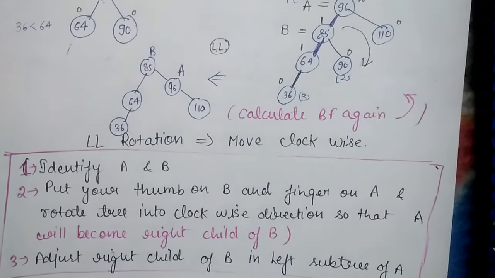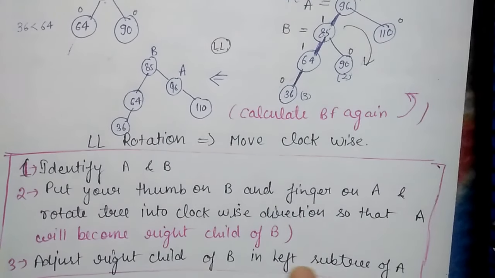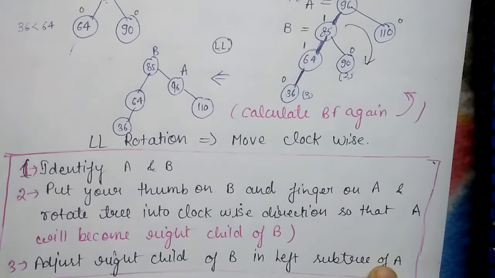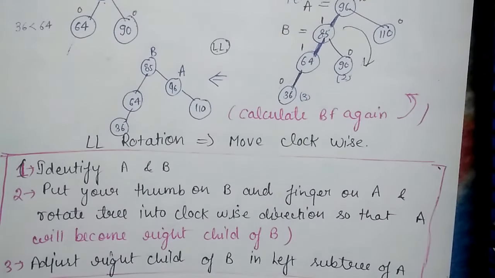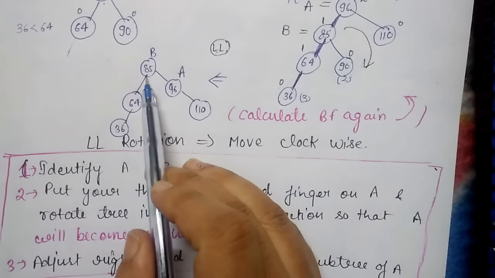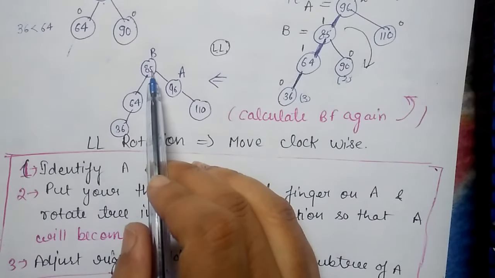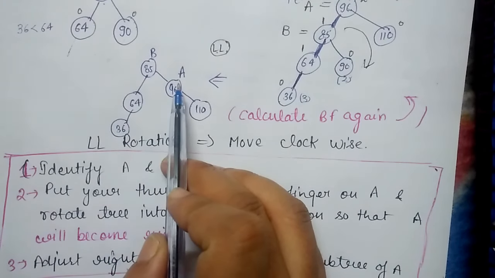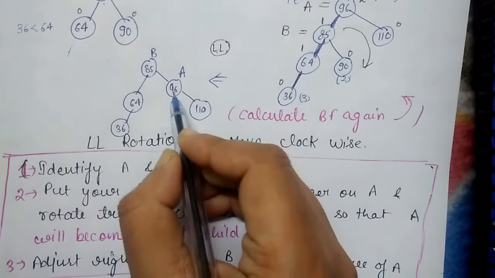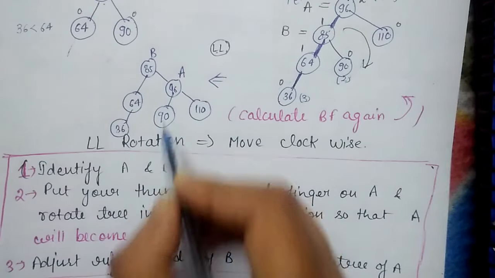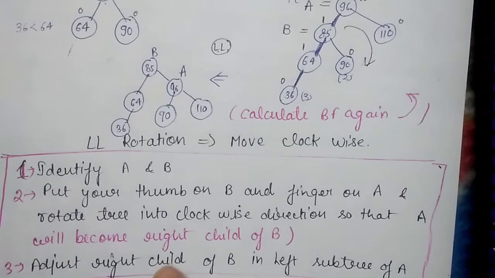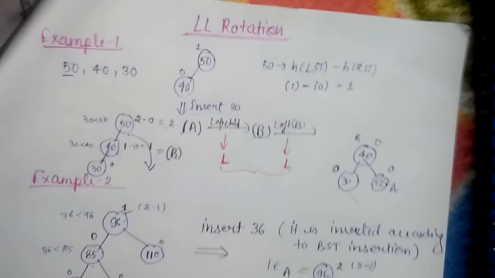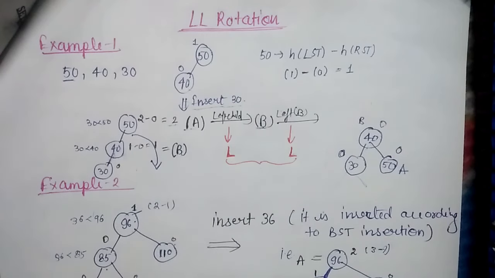In this step, adjust the right child of B into the left subtree of A. Or you can also see that for the value 90, according to binary search tree insertion, 90 is greater than 85 but less than 96, so 90 will become the left child of A. In this way we do the LL rotation. We will discuss the RR rotation in the next video lecture.